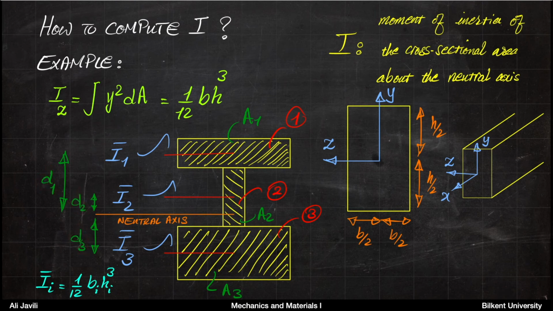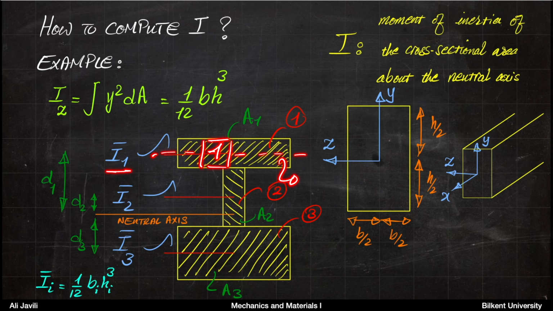What you can do is calculate I bar 1. Now, I bar 1 is the moment of inertia of section 1 with respect to its own neutral axis.